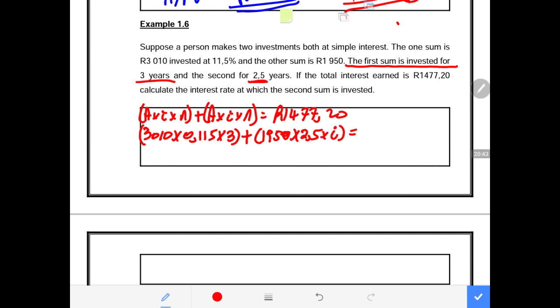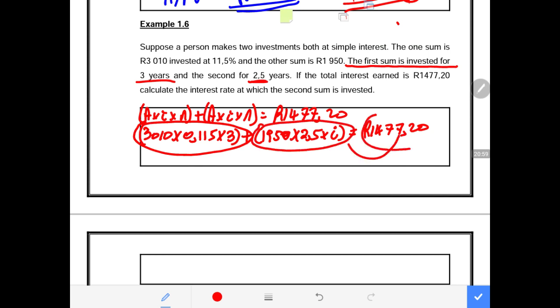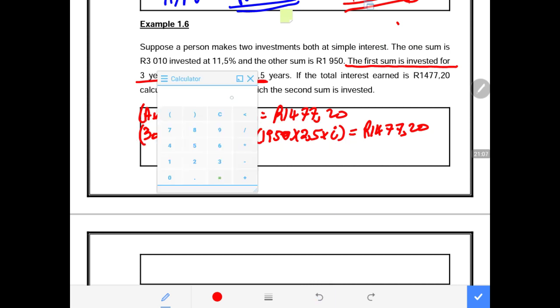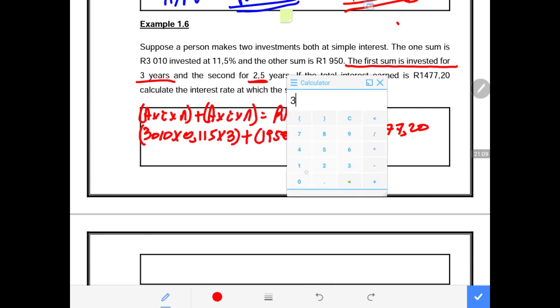But we know that all this is equal to 1,477 rand 20 cents. Remember now, this is the formula on calculating the interest on the first investment plus the formula on calculating the interest on the second investment, which gives us the total interest that was earned for both of the investment. Therefore, now we just need to deal with the calculations.